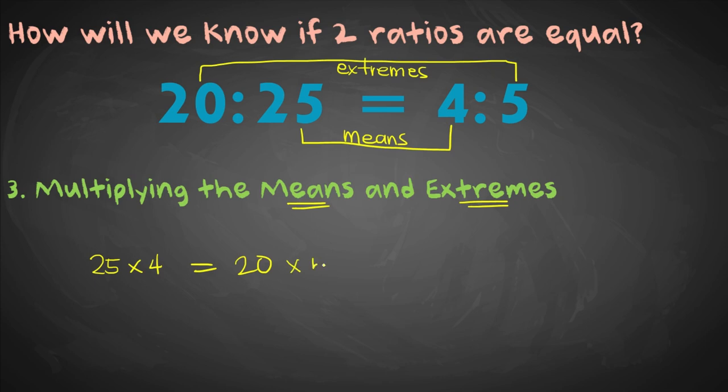Para rin tayong nag-cross multiply na iba lang yung itsura. So 25 times 4 is 100. 20 times 5 is also 100. 100 is equal to 100. So meaning, itong dalawang ratios na to, 20 is to 25 at 4 is to 5, ay equal.